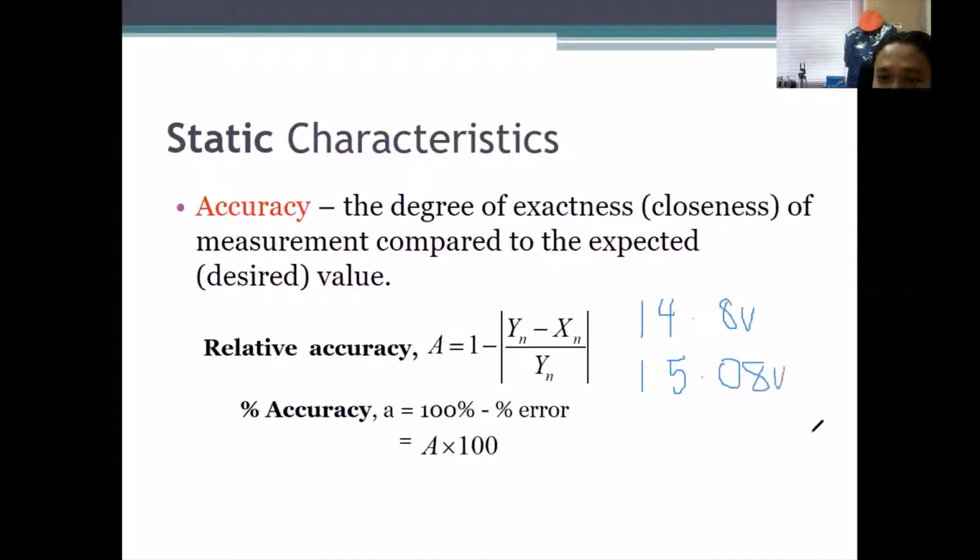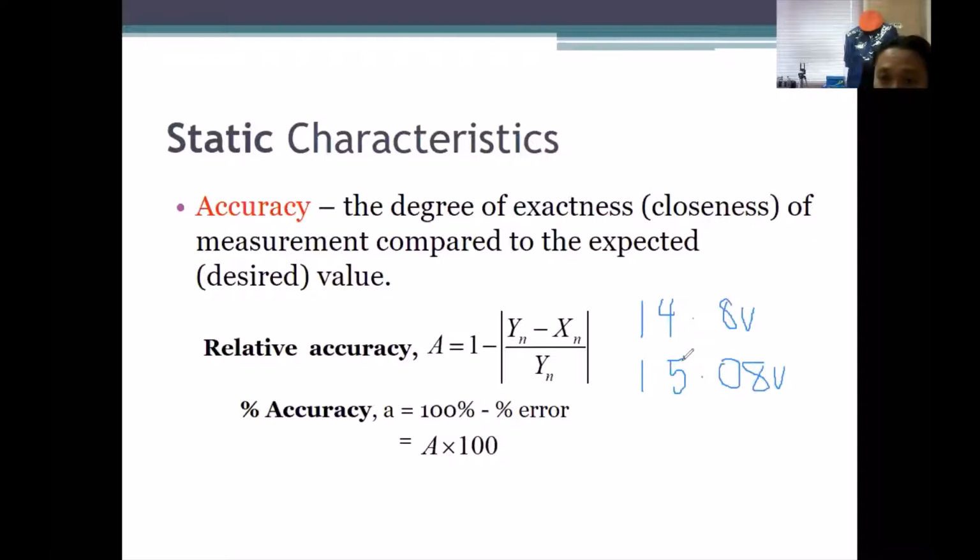So here we can get the error for this measurement. The expected value 14.8 minus 15.08. You can use your calculator.